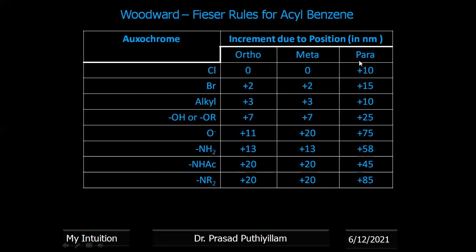We can see that even at the para position there is a large difference compared to the ortho and meta positions. If substituents are present at the para position, they contribute more towards the lambda maximum. Why so? That is explained in my organic chemistry video classes, not under UV-Vis spectrophotometry.